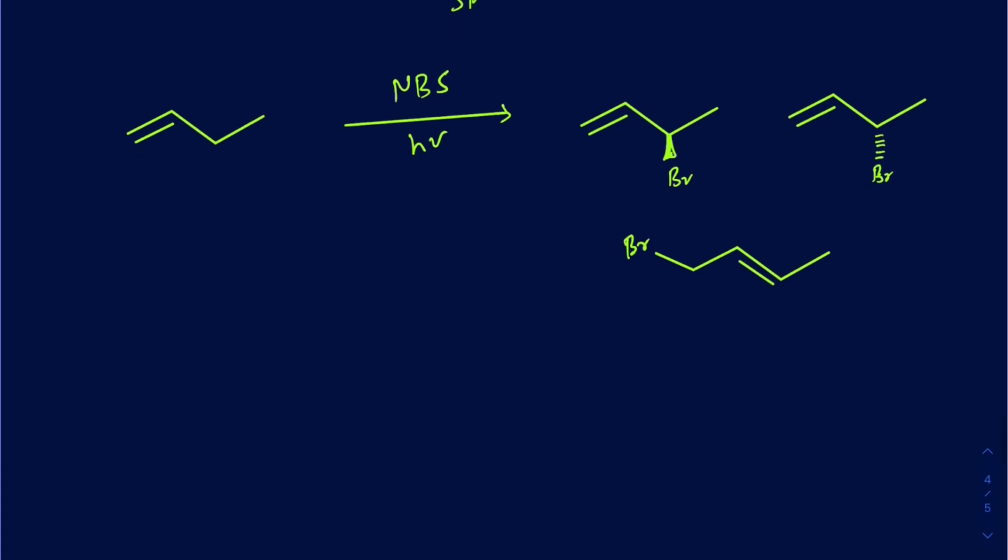Now, how does that really happen? Why do you get this third compound there? That's because when you create this radical, I'm not going to draw the full mechanism, but remember, you're going to be removing the hydrogen from this carbon here. And when you remove that hydrogen from that carbon, you're going to create this radical there. And this radical can have the resonance structure now. So make sure you know how to draw the resonance structures there, so you can have movement of these electrons there, and you're going to have the radical down here as well.